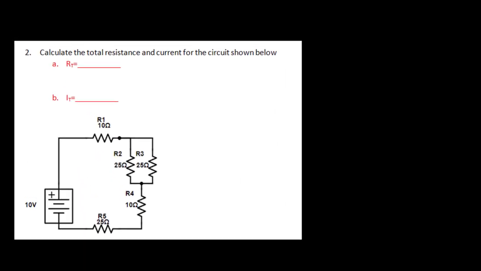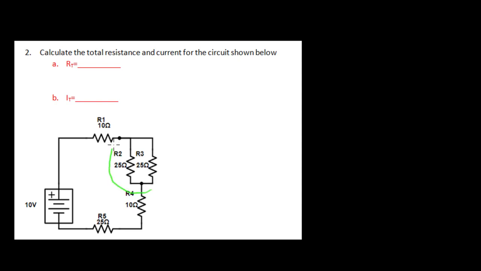Now let's look at question number 2. And this basically takes the lessons that we've learned so far about creating an equivalent circuit, and this is your chance to apply them. So looking at this circuit, what I have is a parallel element, and I'll circle this parallel element in green.